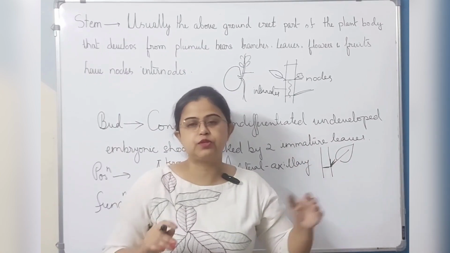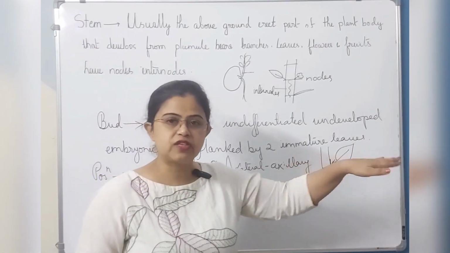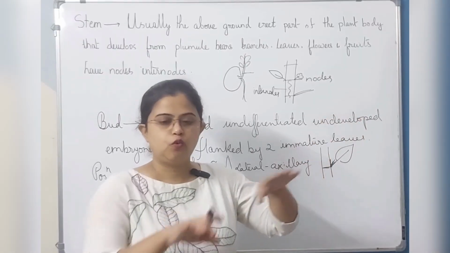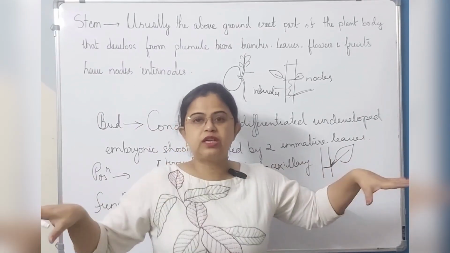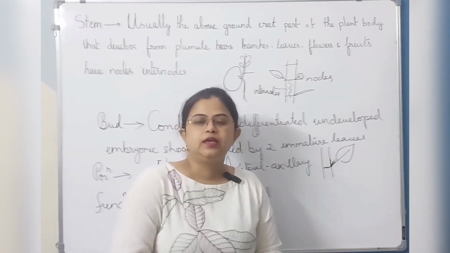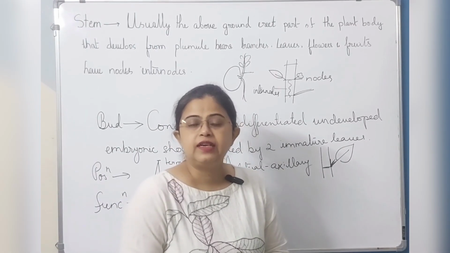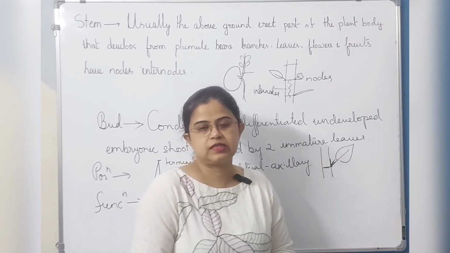Those are weak stems. They can grow on the surface of the soil, like they are never erect. वो हमेशा prostrate, horizontal ही growth दिखाते हैं, right? Or they can be underground also. Then stem में modifications आता है due to functions, like if they take the role of photosynthesis.